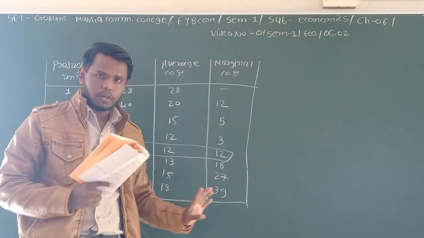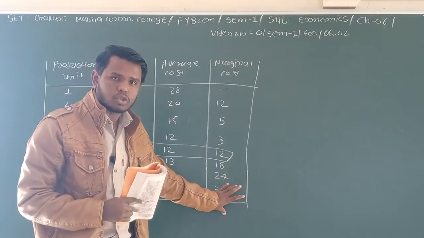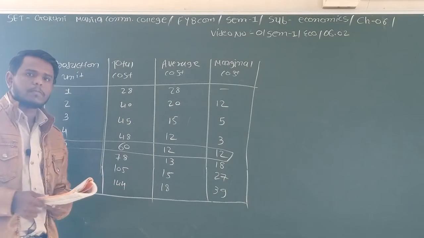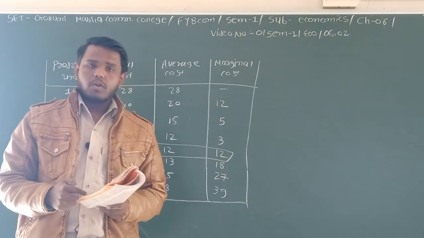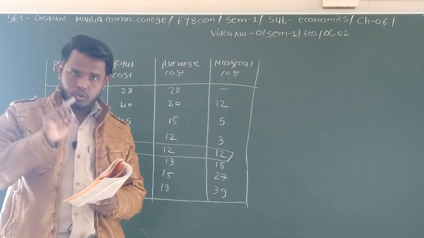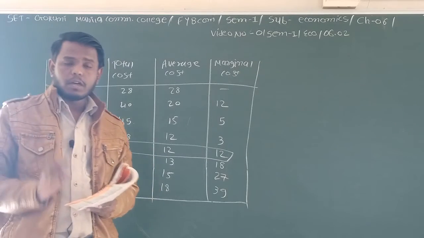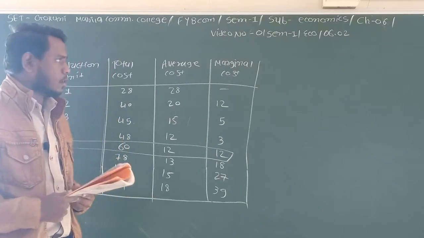Same for the 8th unit, same for the 7th unit. Here the marginal cost is 39 at the 8th unit and the average cost is 80. So it could be possible that marginal cost and average cost both could be equal. The marginal cost could be higher than average cost, and marginal could be lower than average cost.